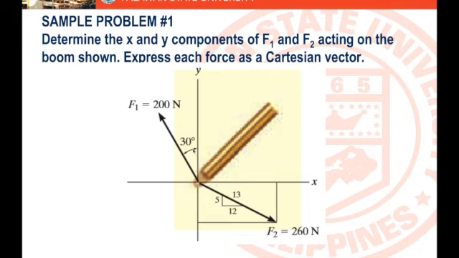Force 1 is 30 degrees from the positive y-axis, while force 2 is in the fourth quadrant, in the positive x and negative y direction, with a 5, 12, 13 triangle, with the ratio of the triangle sides being 5, 12, and 13.